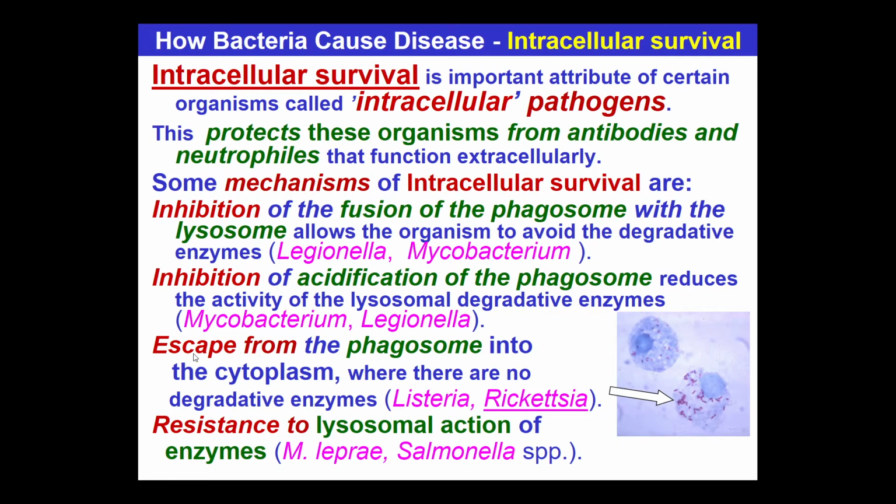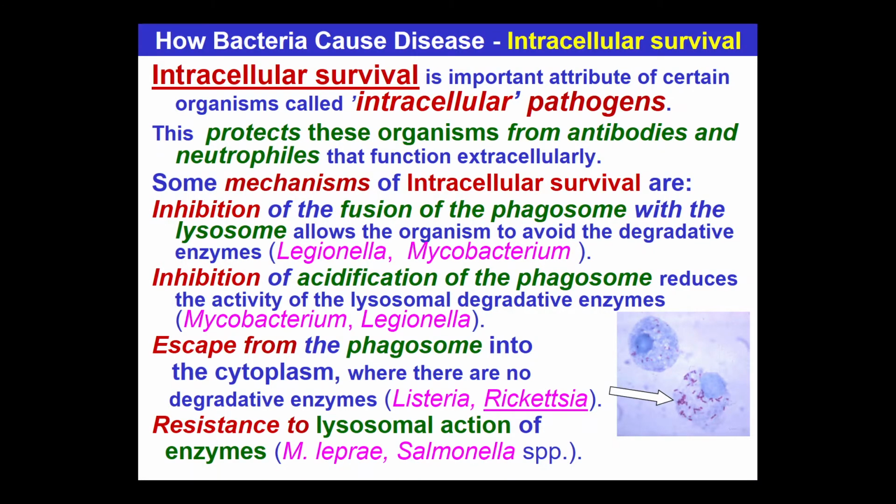Third mechanism, escape from the phagosome into the cytoplasm before fusion of the phagosome to the lysosome, where there are no degradative enzymes. This is typical for Listeria and Rickettsia. What you see here, stained red, is Rickettsia that accumulate in the free cytoplasm, not in the phagosomes or endosomes.